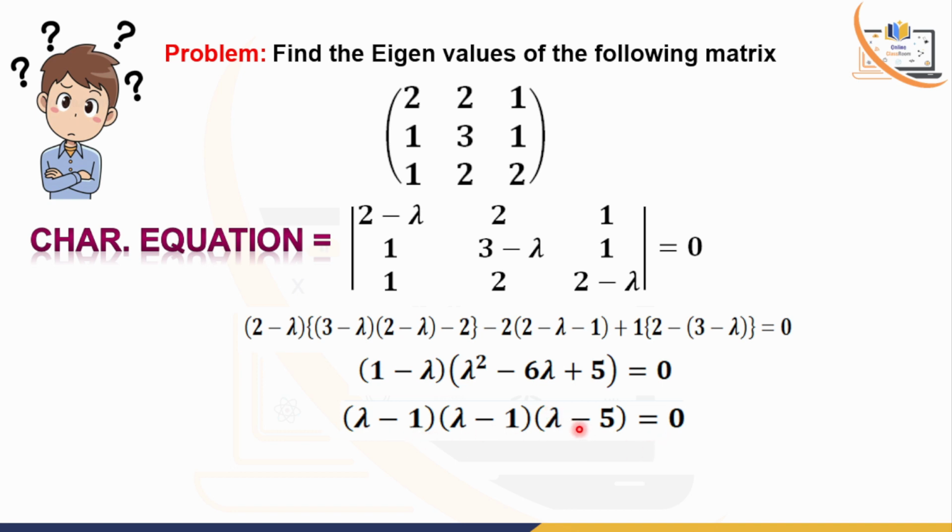As I said earlier, whenever you consider the eigenvalue, we have an equation involving lambda cube, so we have three factors. Here the eigenvalues will be 1, 1 and 5. So we have the eigenvalues 1, 1, 5 in this case.